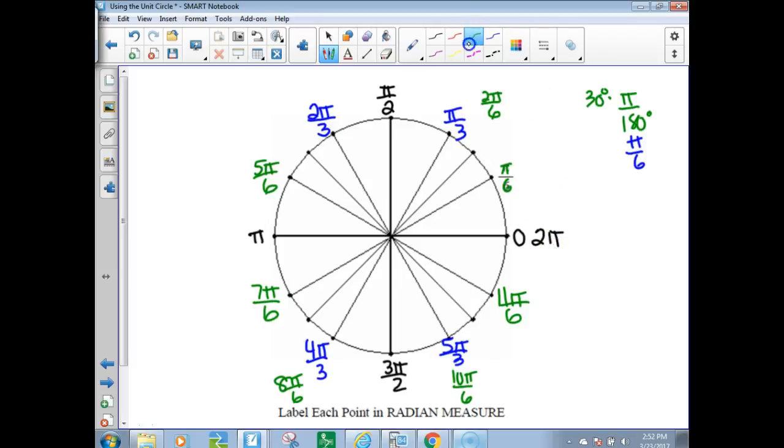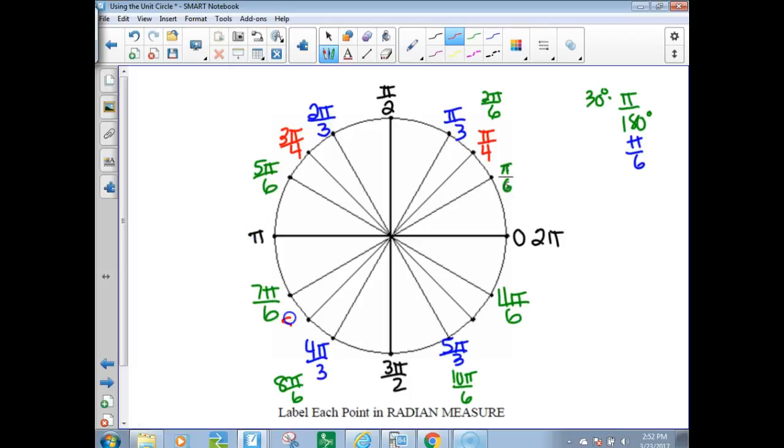All right, I'm doing red for this middle one. That's going to be my pi over 4s. 45 degrees, you're going to memorize is pi over 4 radians. 1 pi over 4, 2 pi over 4 would be up here. Reduces to pi over 2. 3 pi over 4, bang, label it. 4 pi over 4 would be pi.